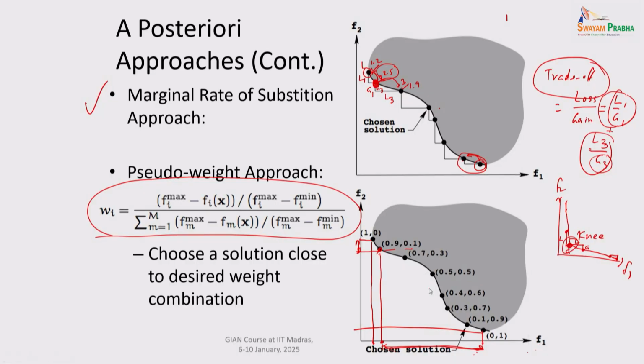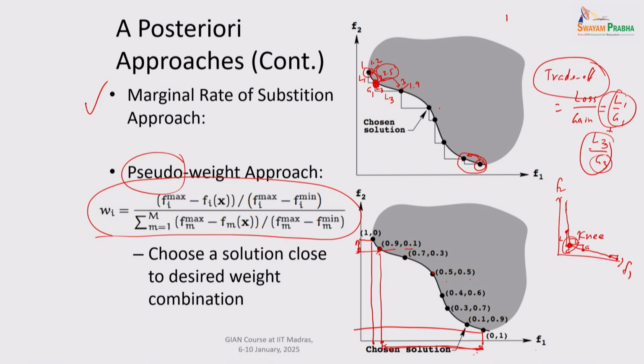But if you do a weighted sum with 0.5, 0.5, as we discussed, you will never get this point because it is in the convex part. That's why it's not the weight in the sense of weighted sum, and that's the reason I call it pseudo weight. But the good thing is you can assign this weight whether it's in the convex part or the concave part. You can compute it using this formula once everything is there.